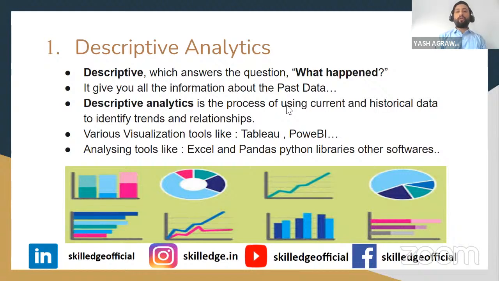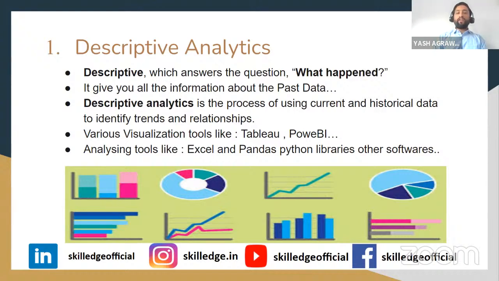So how do we perform this? Descriptive analytics is the process, and now we will see the Google-based definition. Descriptive analysis is the process of using current and historical data to identify trends and relationships. Now let's take a business example. We have a very good business data of an organization.